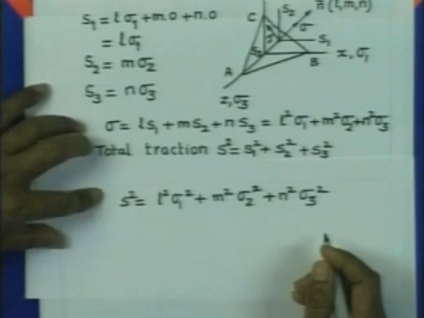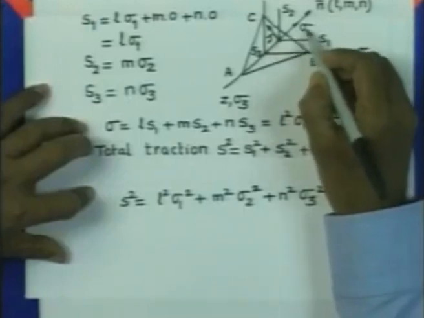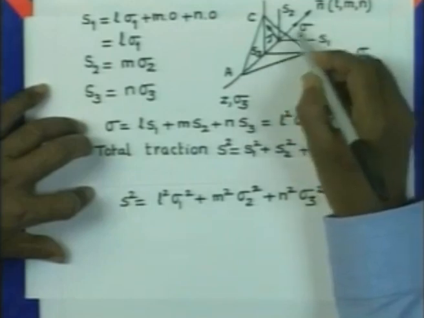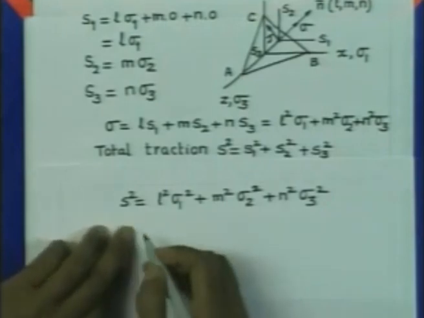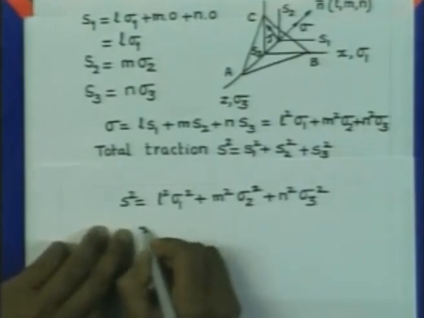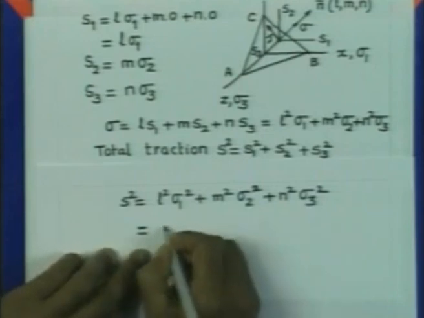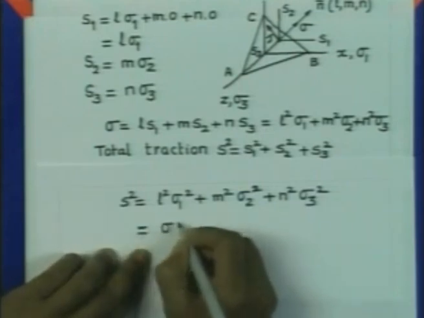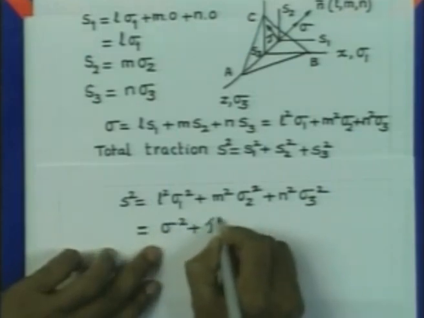Now, the stresses acting on this plane are sigma and tau, these are the 2 stresses only acting on this plane. We can also find out the traction from the consideration that it is nothing but the vector sum of the 2 stresses, sigma square plus tau square.